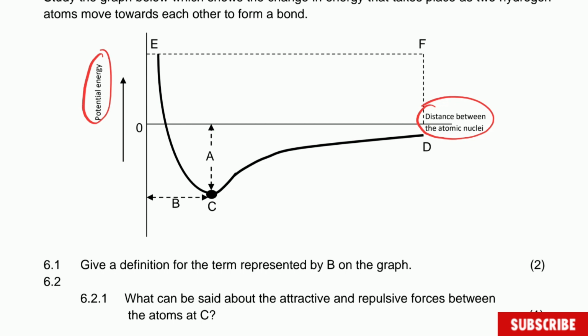Now give a definition for the term represented by B. B is this distance here, which in actual fact we're working with the x-axis. That is what B is trying to represent here, guys, and this one is the bond length. So all they want is the definition for bond length.